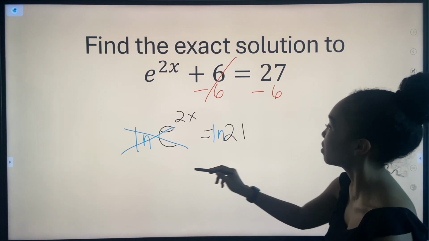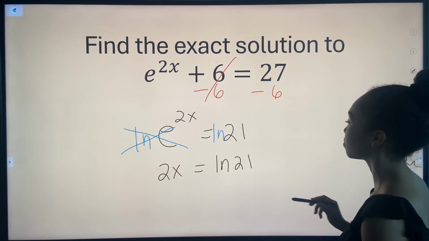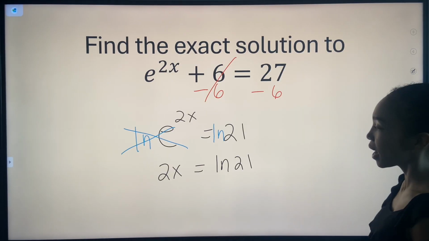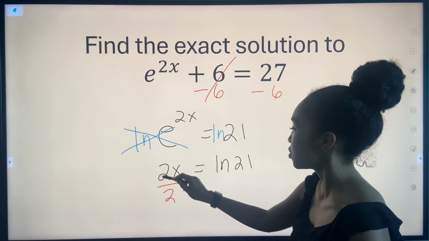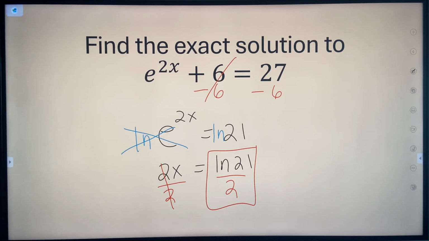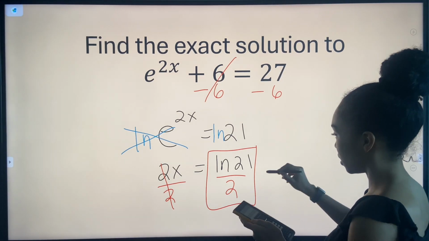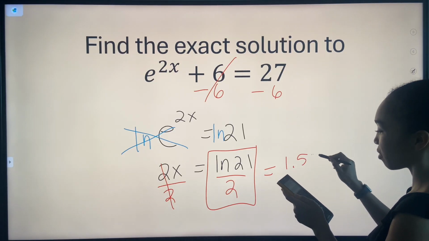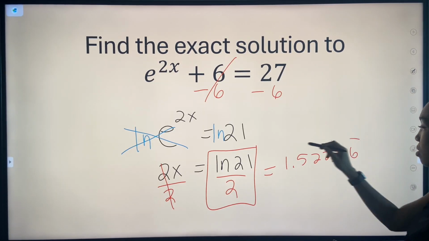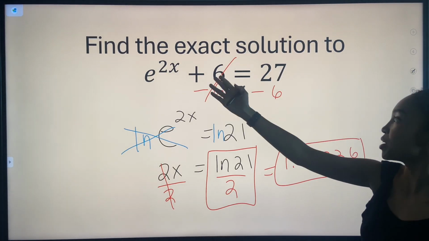I am left with 2x equals the natural log of 21. Now, all you do is divide by 2. So I'm going to type this into my calculator. Natural log of 21 divided by 2 is 1.52226. So that is the solution for this equation.